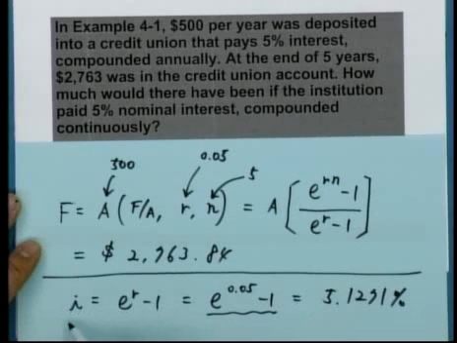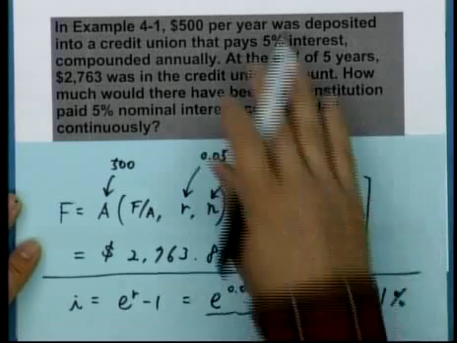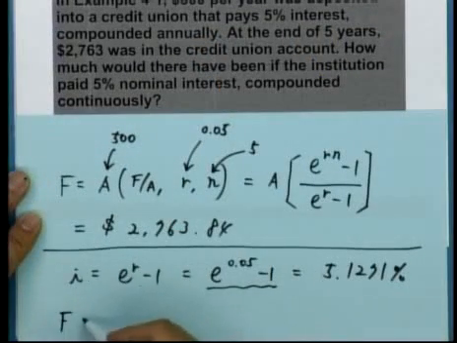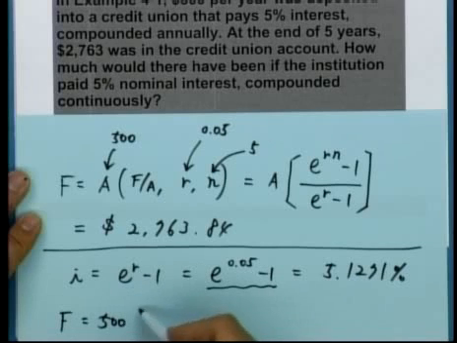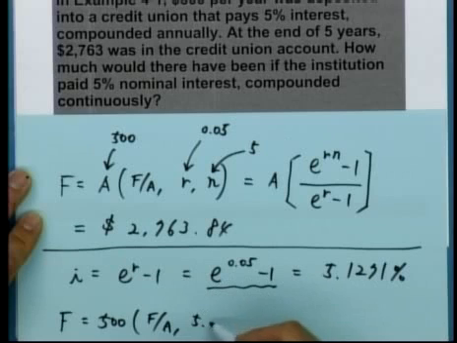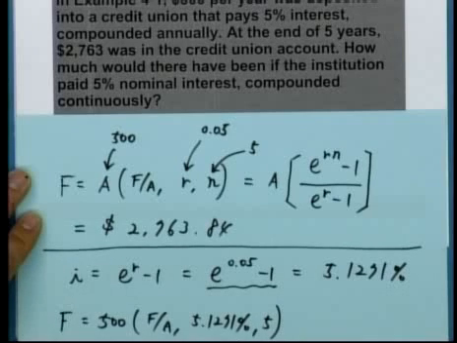So using this effective interest rate for the continuous compounding, we can get F equals 500 times F given A, 5.1271%, and over 5 periods.